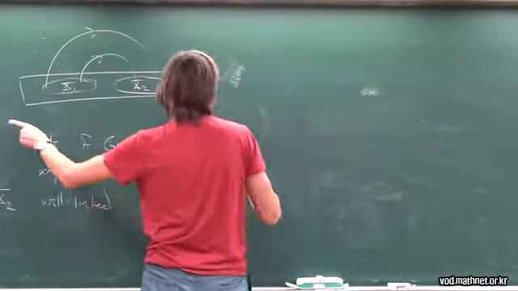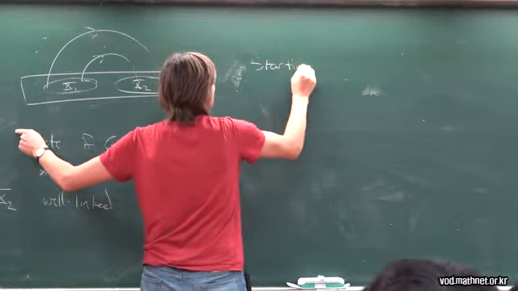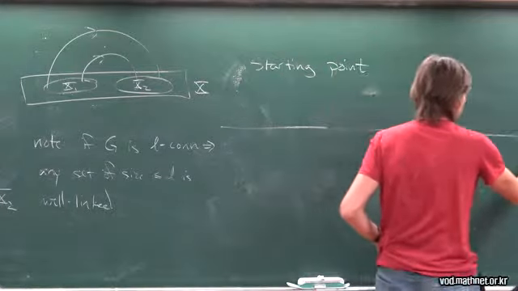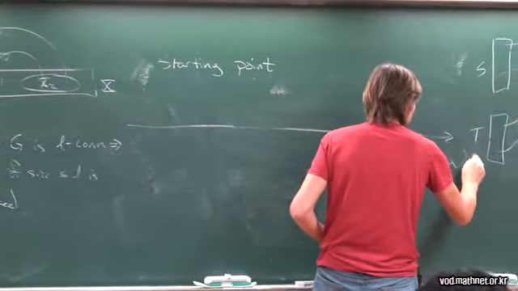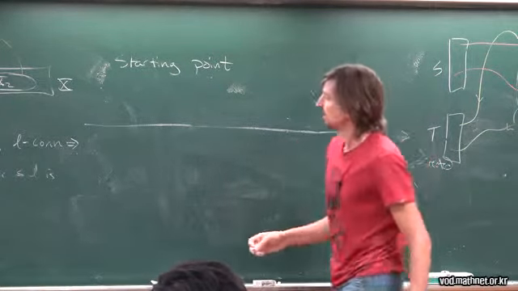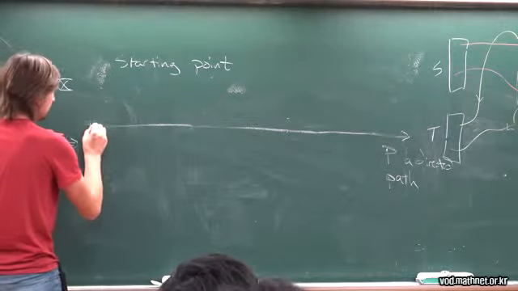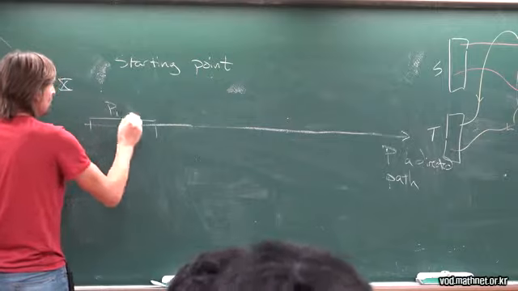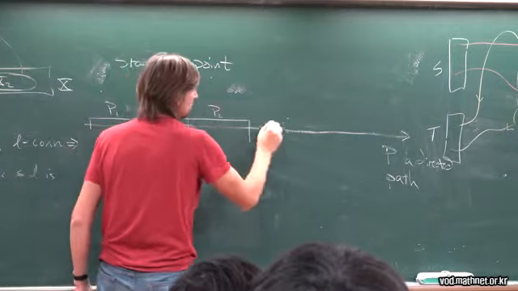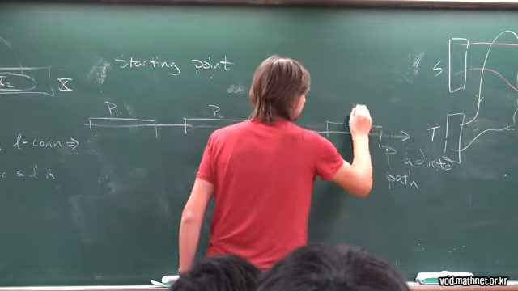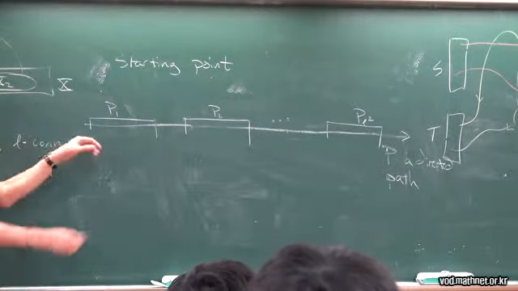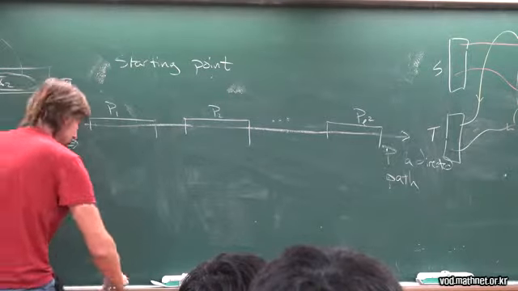So the starting point to find the bramble is a very long path, so a directed path P, so that on P I can find subpaths P1, P2, up to say P L squared, so that on each of these I can actually think of this as two smaller subpaths.